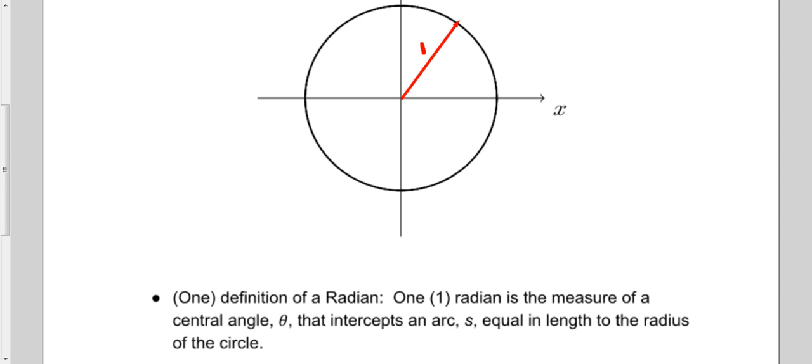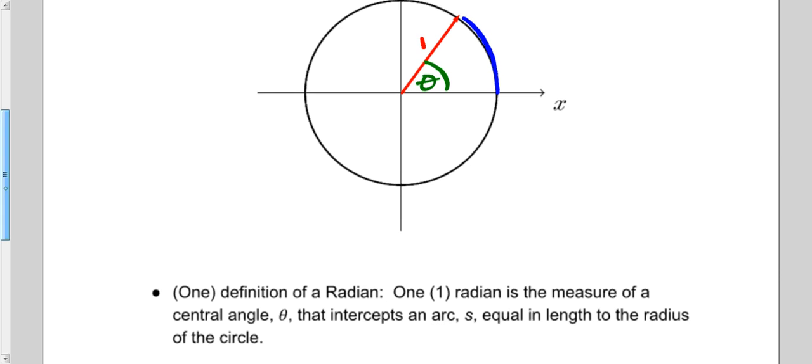Now, 1 radian gives me this angle theta right there, such that the length of this arc equals the length of the radius. That is a radian. Do you like that definition? I hate that definition. But it makes sense, right?